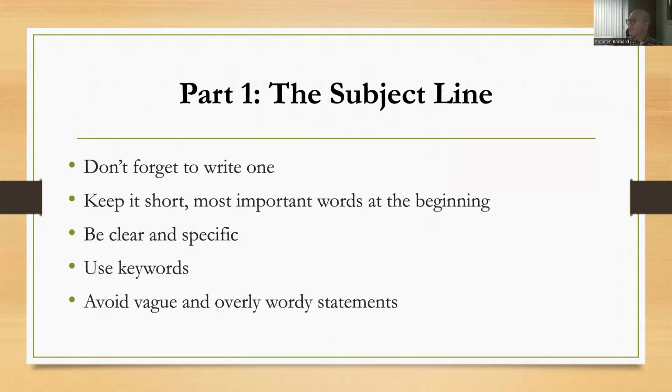I would like to say that all students remember to write a subject line, but the fact is sometimes students are busy and they just quickly write an email to the professor, and the subject line is sometimes either incomplete or unclear. So try and remember to keep it short, put the most important words at the beginning of the subject line, use key words.